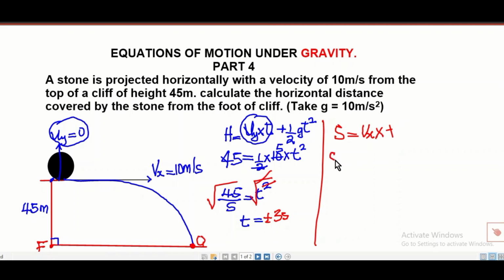So the speed is 10, multiplied by this 3, because 3 is the time it takes to go from the top of the cliff until where it hits the ground. So that distance is 10 times 3, which is 30 meters.